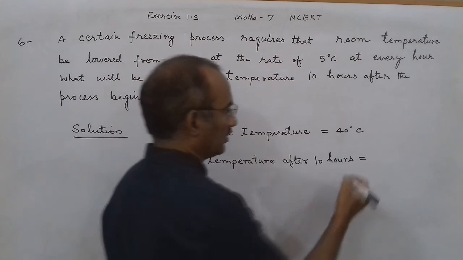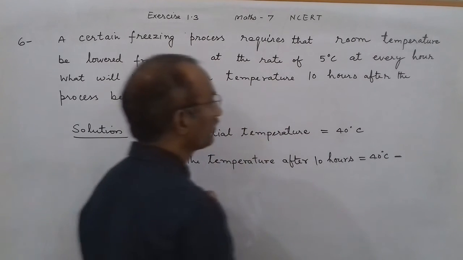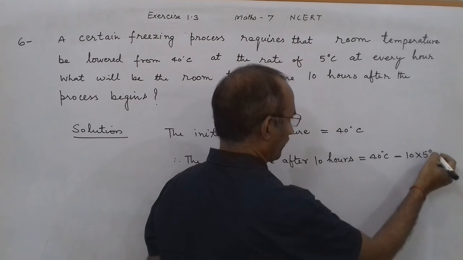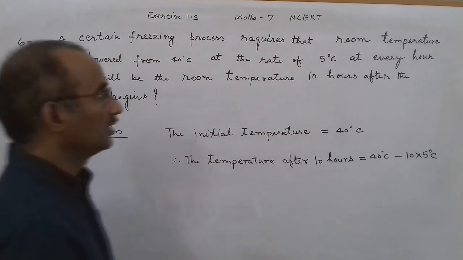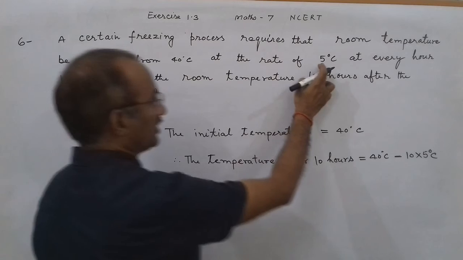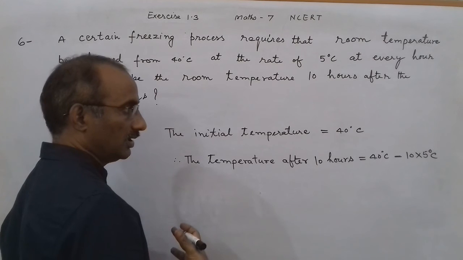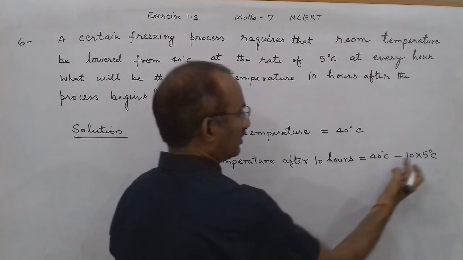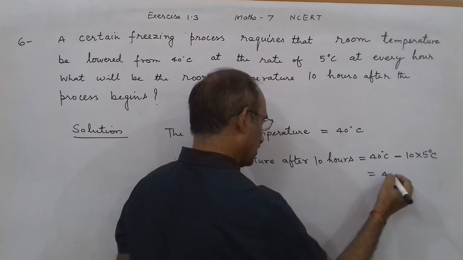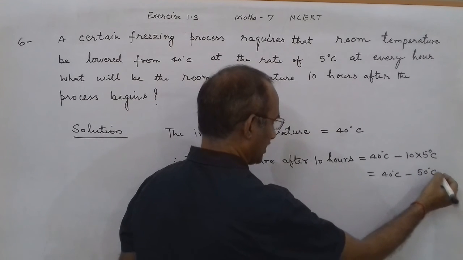It will be 40 degrees Celsius minus 10 into 5 degrees Celsius, because the temperature is lowered at the rate of 5 degrees Celsius every hour. So in 10 hours it lowered 10 multiplied with 5, that is 50 degrees Celsius.